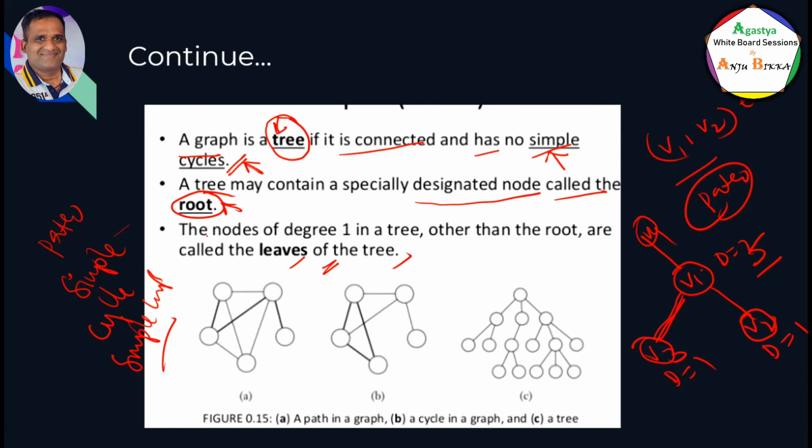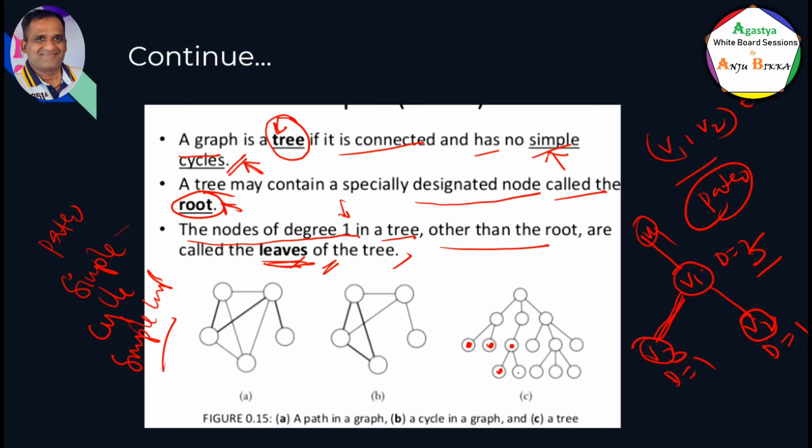Now come to this point: the nodes of degree 1 in a tree other than the root. If any node exists in a tree with degree 1, then those nodes are called leaves. For example, if we take here, the degree of this one is 1, this one is 1, and this one is 2, 3.